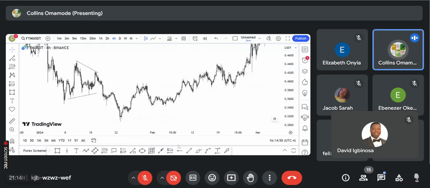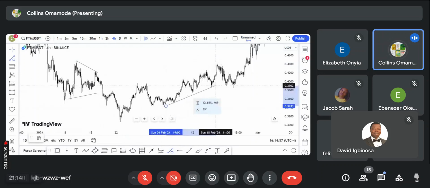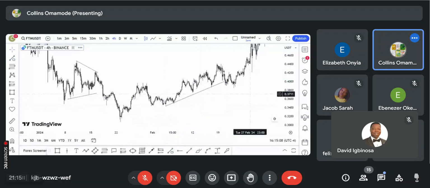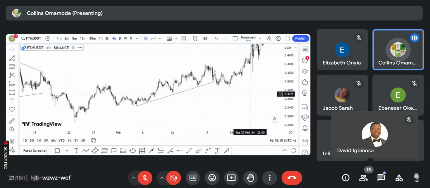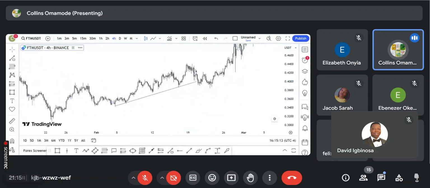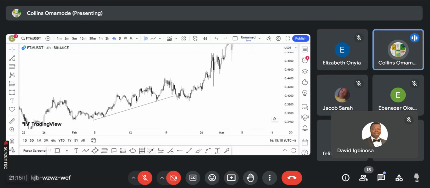We had another trend line here. And even here, we have a series of trend line liquidity. Even inside that series of trend line liquidity, if you look at it very well, we had something like equal low here, equal low here, equal low here.